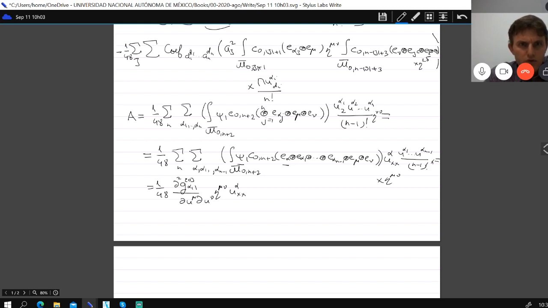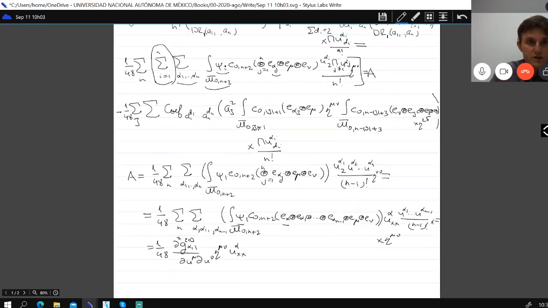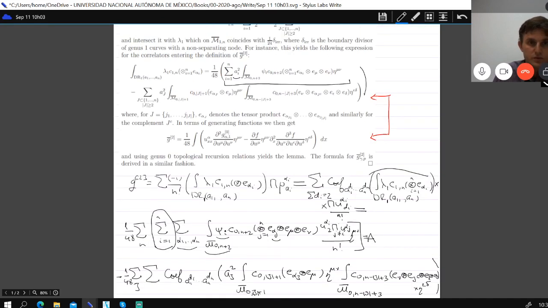Do you agree with this step? Okay, so we get the first term in the desired equation. We want to prove this formula for G2, and we get the first term.